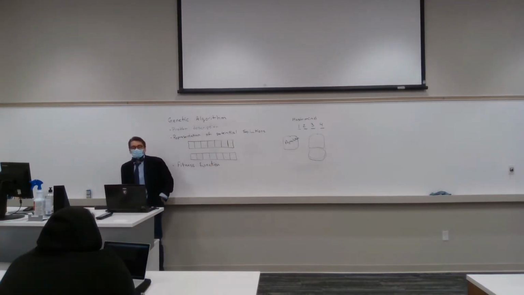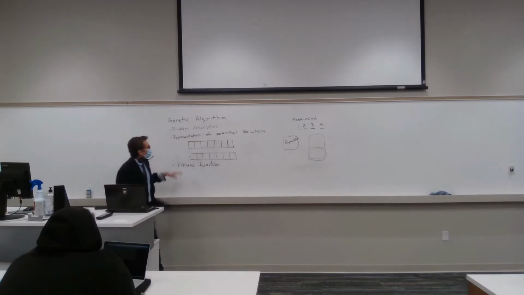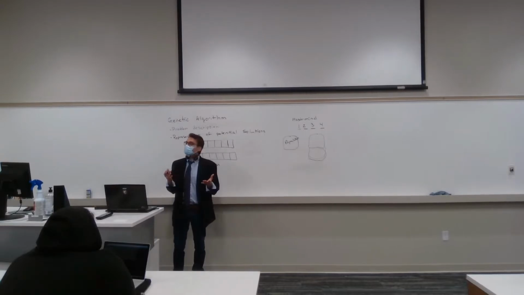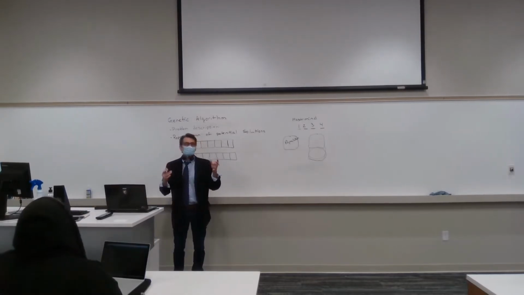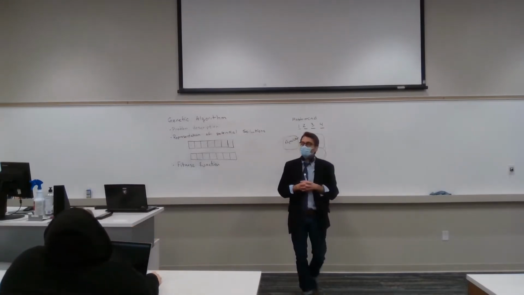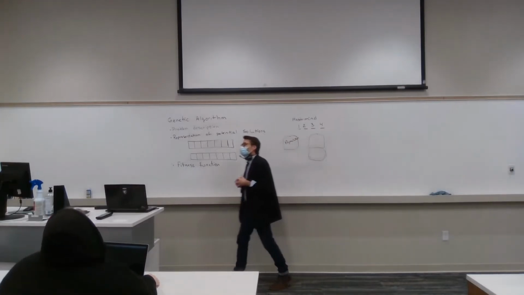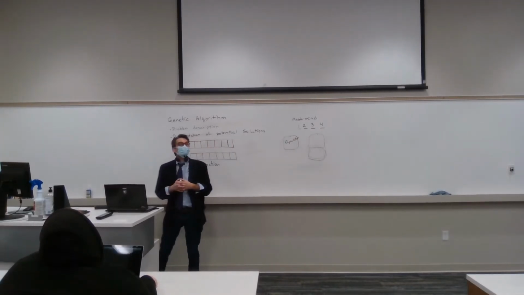All right, so generally what we will do is we will have our population that we create originally, which can be a random collection of things that fit whatever our potential solution representation looks like. Or maybe we have some kind of idea of what a good solution might look like.